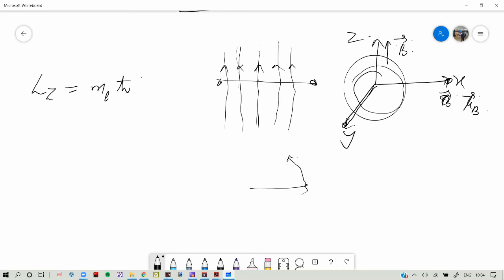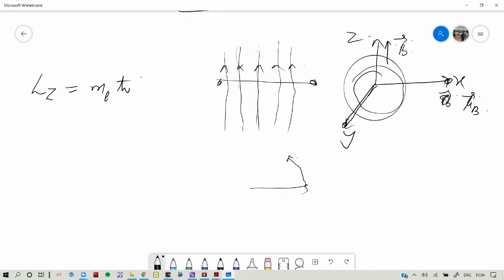This magnetic potential energy depends upon the magnetic moment of the dipole and its orientation. So I will repeat it: whenever we place a magnetic dipole in an external magnetic field, the effect of the external field is that it will try to orient or align the dipole in its direction.